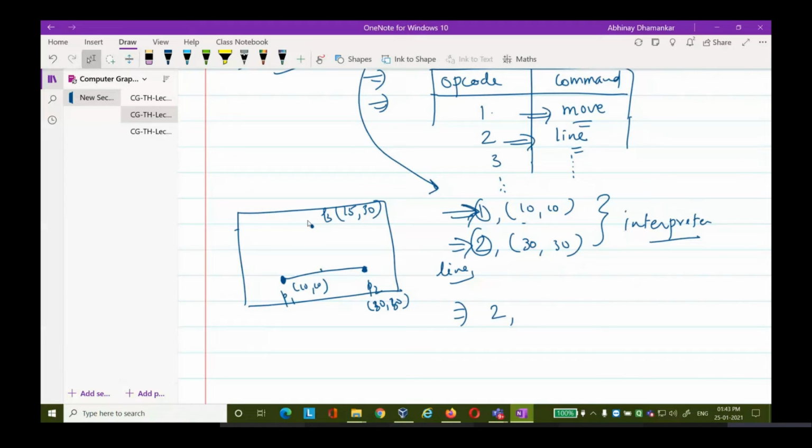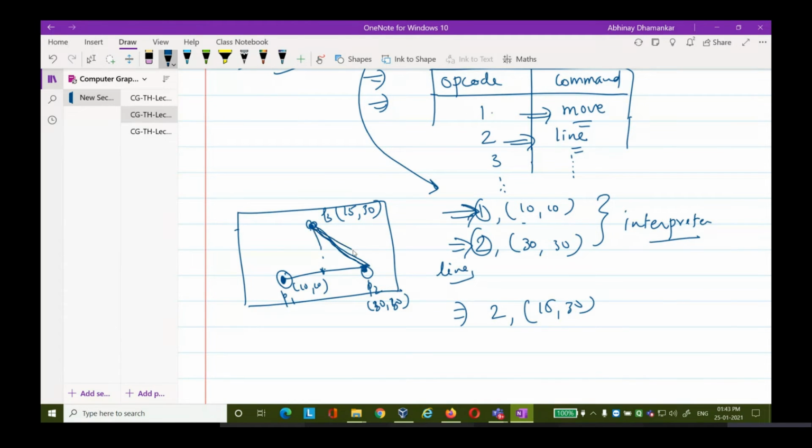Okay, 15, 30. 15 definitely on the x-axis is here, that is half. Yes, exactly half, and on the top of that this pixel is to be drawn. So from here draw 15, 30. So this line will be drawn.